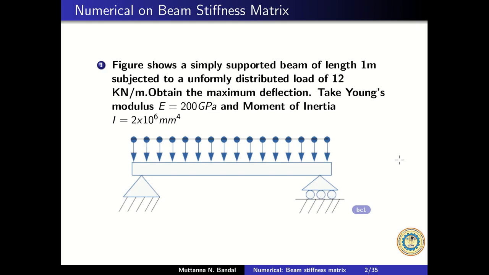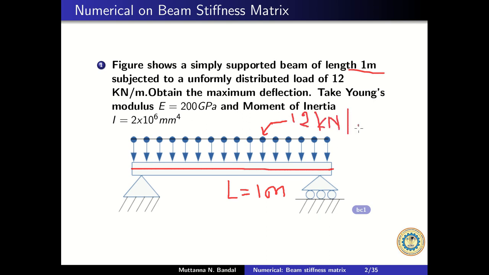Let us discuss a simple problem wherein I have considered a beam whose length L is equal to 1 meter. These are the given terms. It is subjected to a uniformly distributed load of 12 kilonewton per meter.